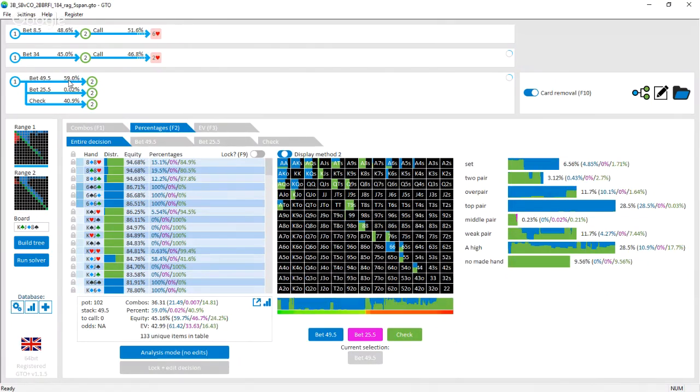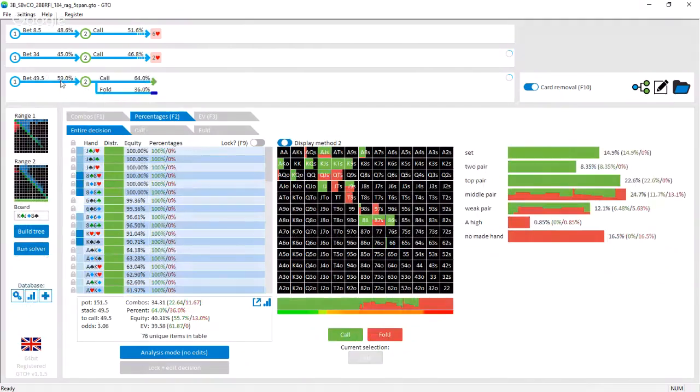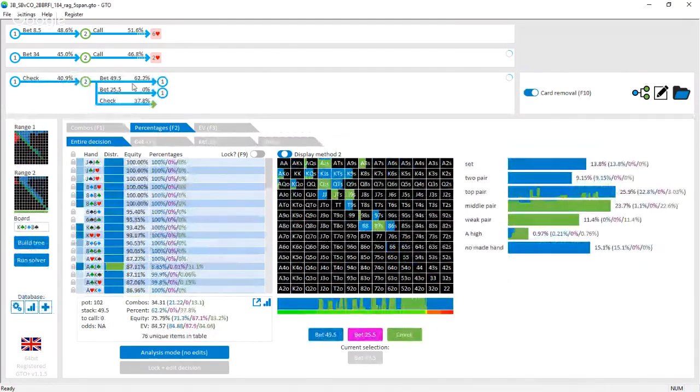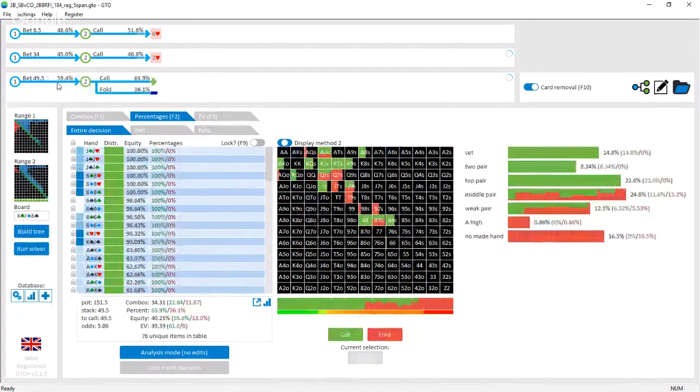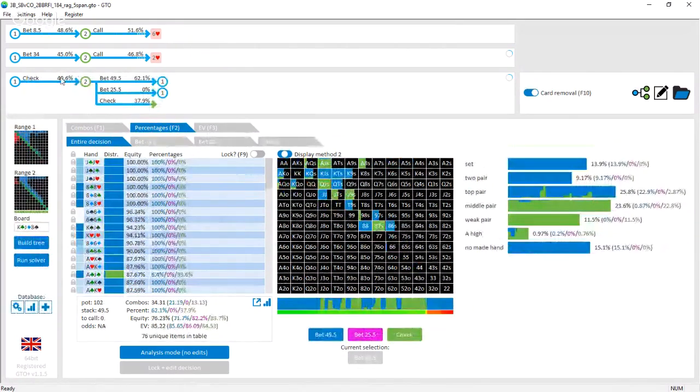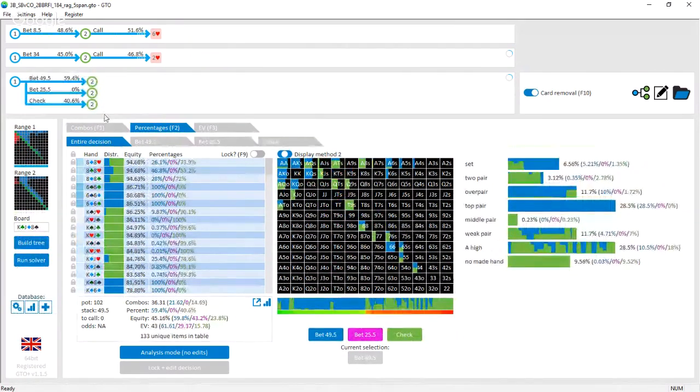Right here, if you went all in, you're calling 64% of the time, and so when you check, you should be roughly going in around 64% of the time. And if we run it out a bit to low DV, 63, 62.1, so roughly the same.